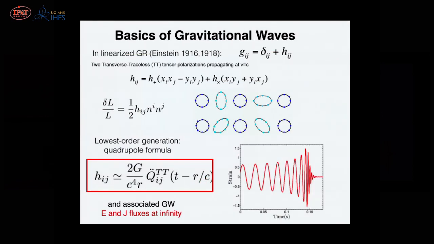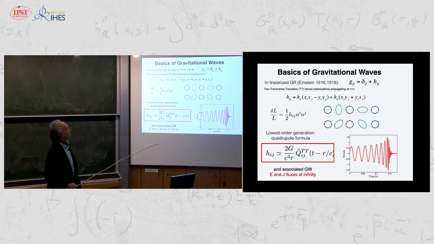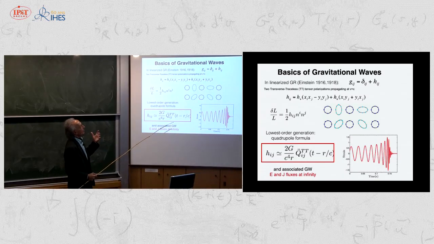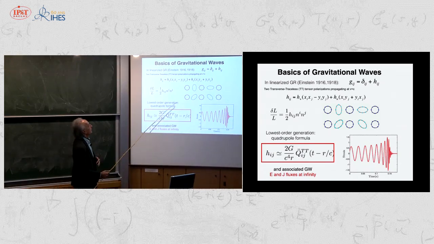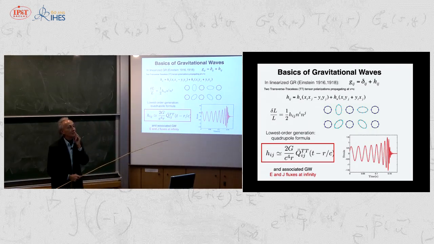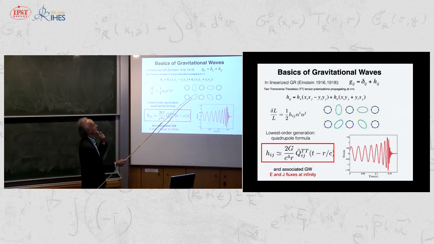Just continuing the basic pedagogy, in case you have not heard of this, what are gravitational waves? At the most elementary level, although this is already a deep level, Einstein, a few months after the discovery of Einstein's equations, and with some mistakes, which he corrected in 1918, discussed the simplest gravitational waves.